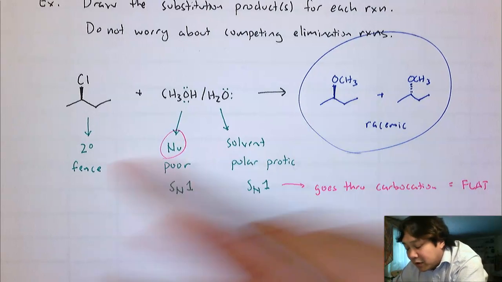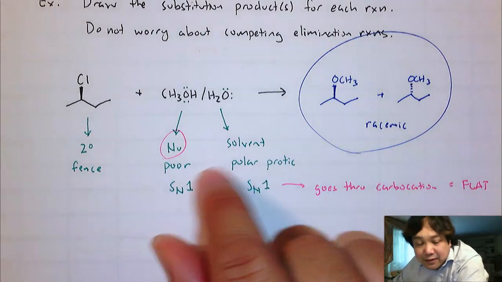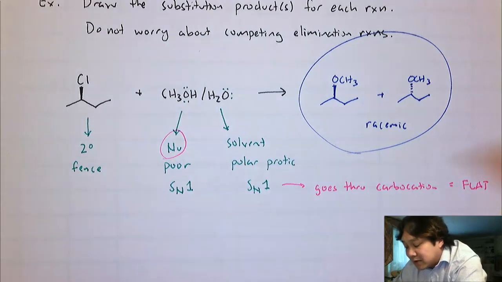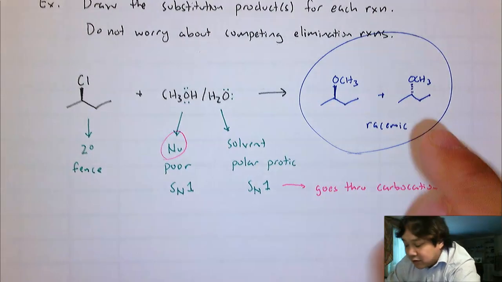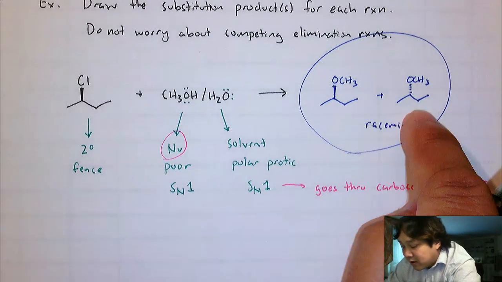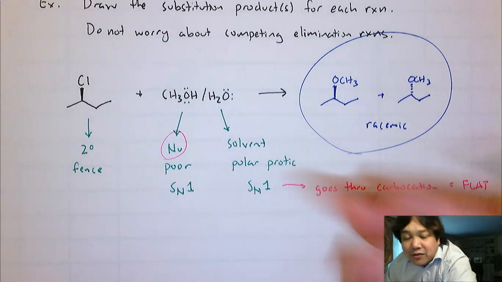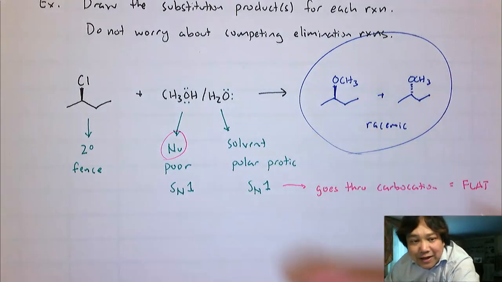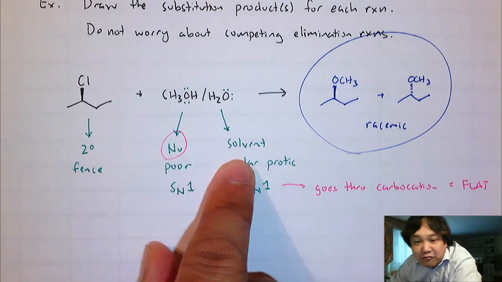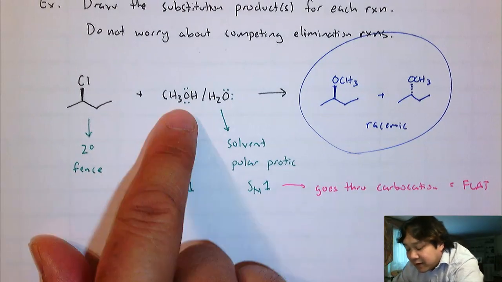Okay, I'm not going to go through mechanisms in this video. What I'm more concerned about is, can you do everything in green? While the grader is looking at the blue, the two products and racemic, what do I think the people who are getting A's in class are doing? They're doing everything in green. They're identifying the nucleophile.